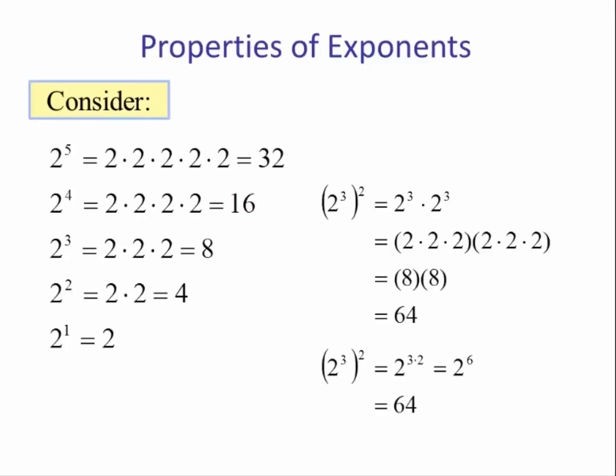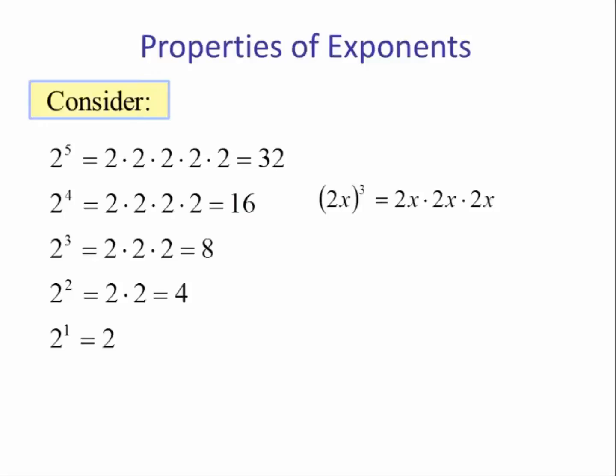It's the same answer. Now next, this time we have two bases, a 2 and also an x, and I'm raising that to a 3rd power. So my base would be 2x, so I have 2x times 2x times 2x, because there's a 3 here.